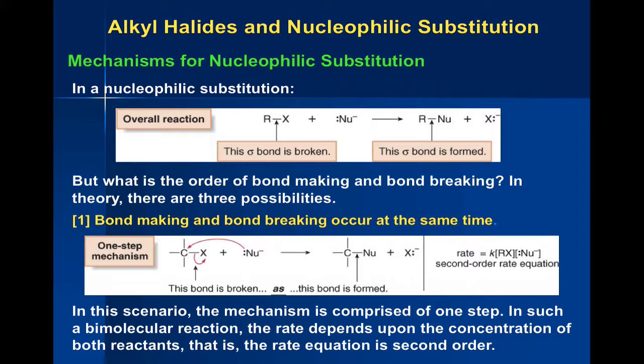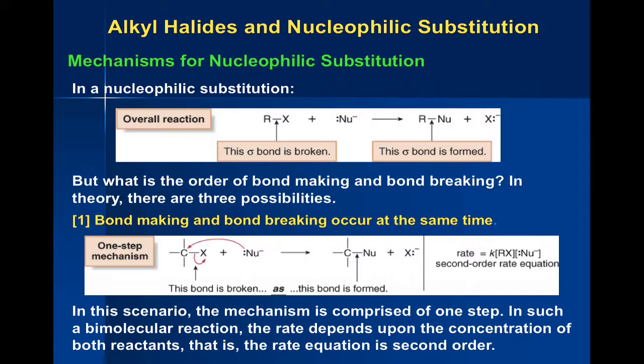It's a second order rate expression. It means that in the slowest step, both of these species are present in that slowest step. Remember, the rate doesn't tell us anything that happens after the slowest step. It's all about the slowest step that determines the rate of the reaction.